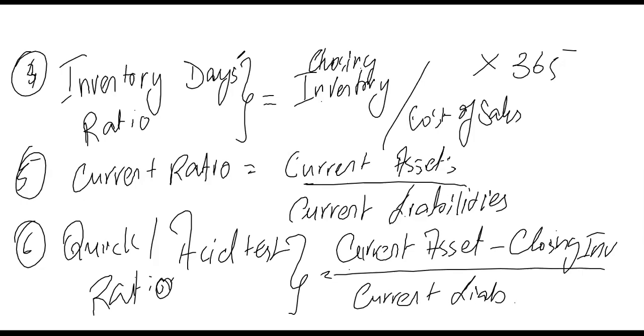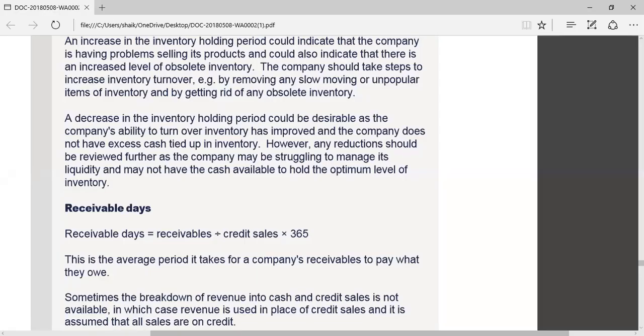I told you guys this formula is the most favorite one for the bankers. In order to get the loan, the company needs to give this formula so that they can assess the company's quickly convertible to cash ratio in regard to the current liabilities. So let's come to the receivable days ratio.